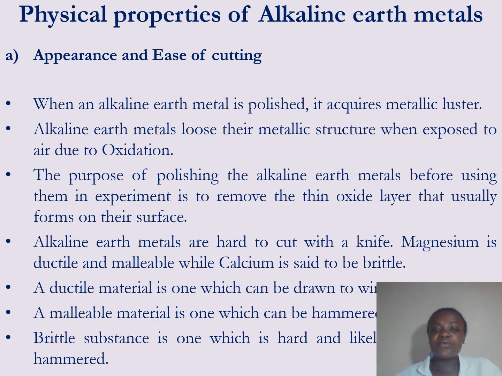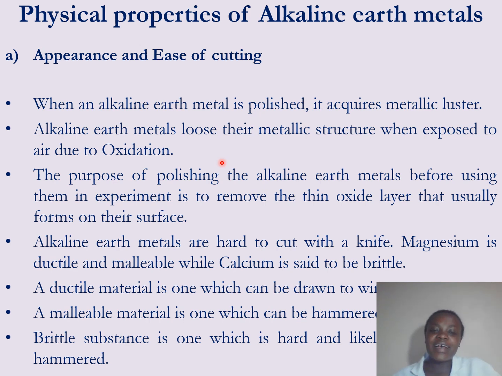Next we are going to look at the physical properties of alkaline earth metals. The first physical property we are going to start with is the appearance and ease of cutting. When alkaline earth metals are polished, they acquire a metallic luster.